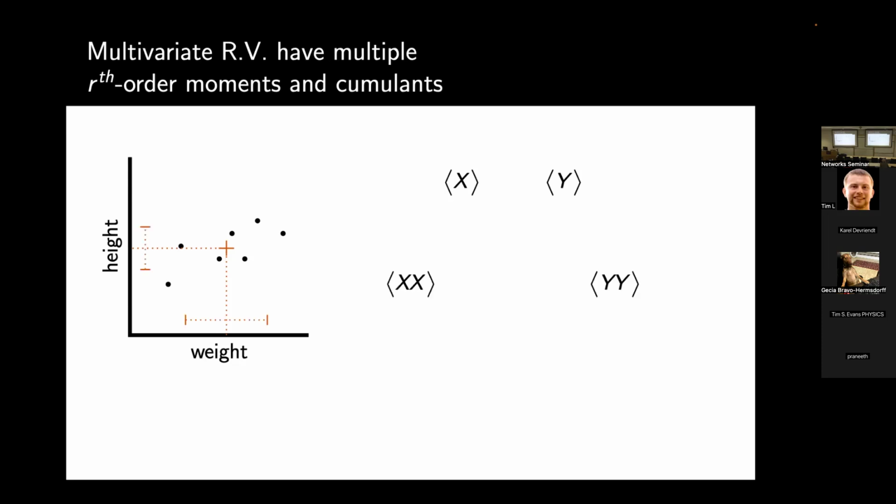At second order, for the moments, you have the expectation of x squared and the expectation of y squared, but then you also have the product of the two. And then you have the corresponding cumulants: variance of x, variance of y, and covariance of x and y. And continuing, at third order, you look at the different ways you can take the product of three things.